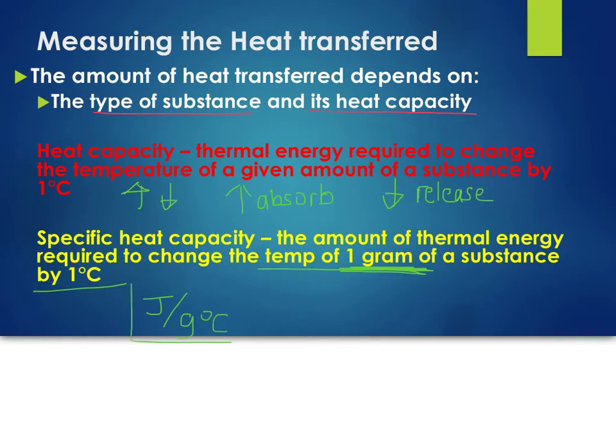So this is the unit of specific heat capacity. You need to be familiar with these definitions. Make sure you understand the difference between heat capacity and specific heat capacity, and you need to be able to identify specific heat capacity based on the units.